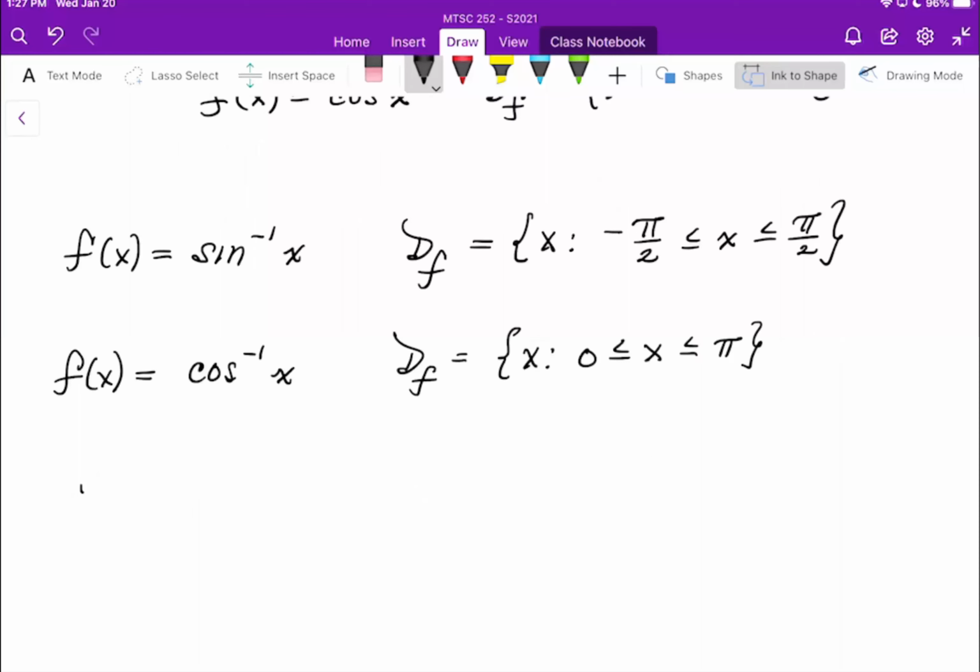Then tangent, its domain is also minus pi over 2.